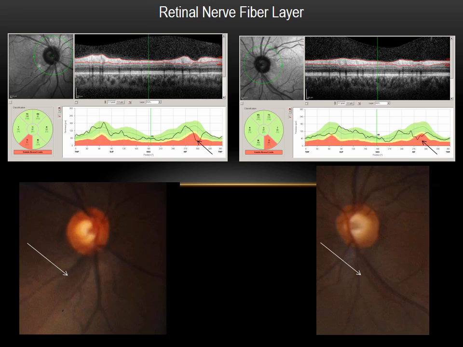The color pictures of this patient also demonstrate the nerve fiber layer defects very easily, as pointed out by the white arrows.